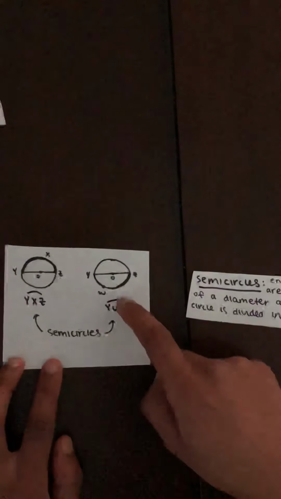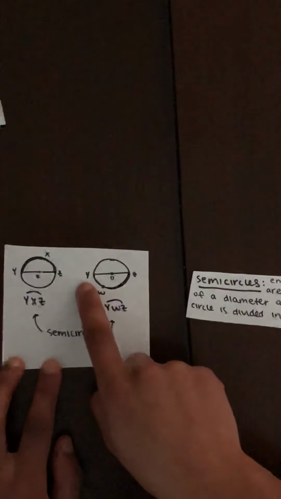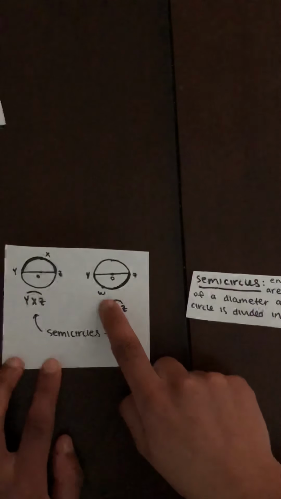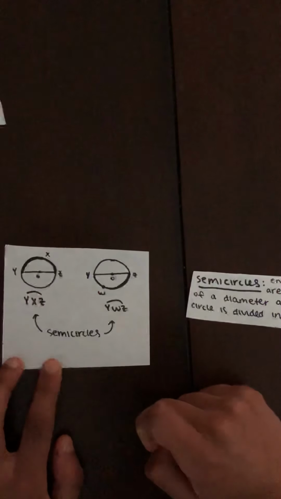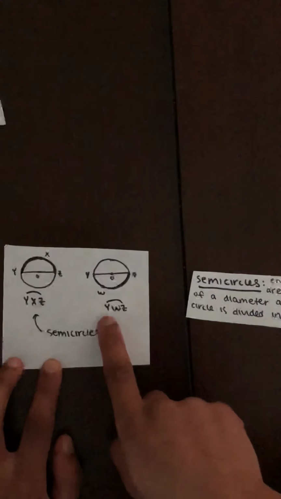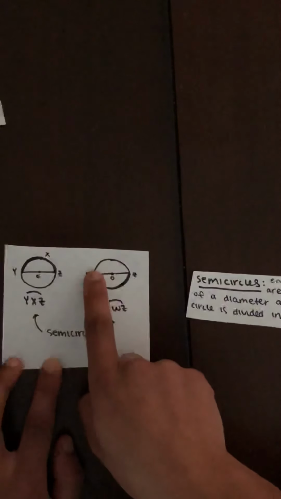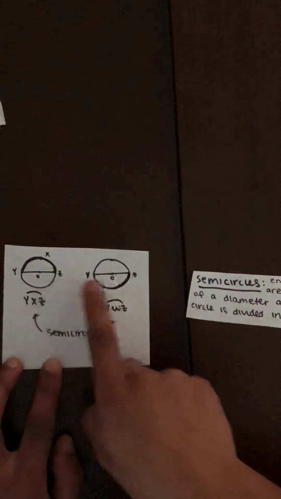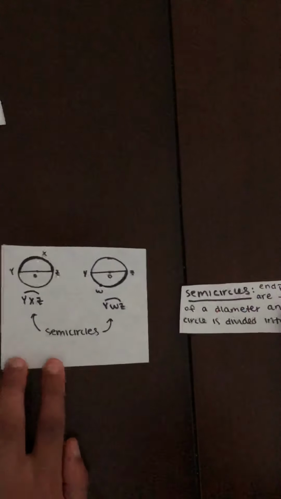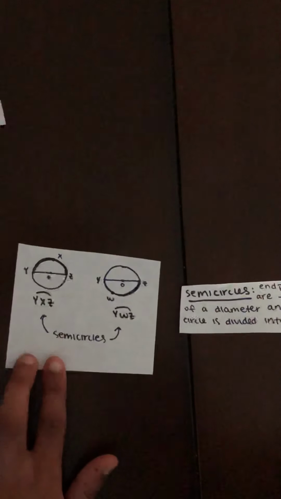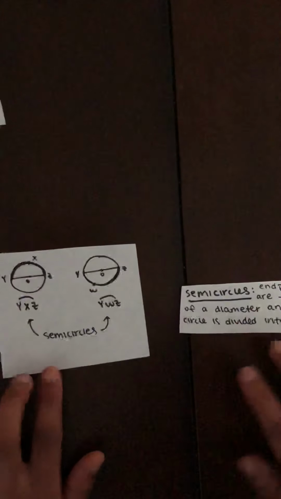And then in another example, in circle O, we have endpoints Y, Z, and W at the bottom here. So the semicircle arc would be YWZ at the bottom. Now they're both semicircles, as you can see, but the arcs are represented in 2 different ways.